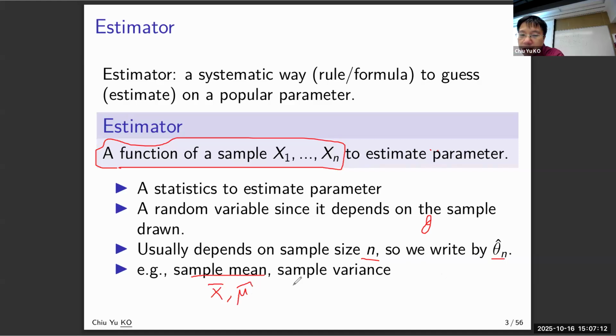And for the sample variance, sometimes we write S square, but some textbooks will write sigma hat square, because they are to guess sigma square, and this is to guess mu. So that's the idea.